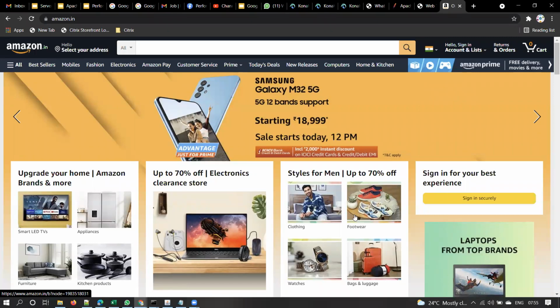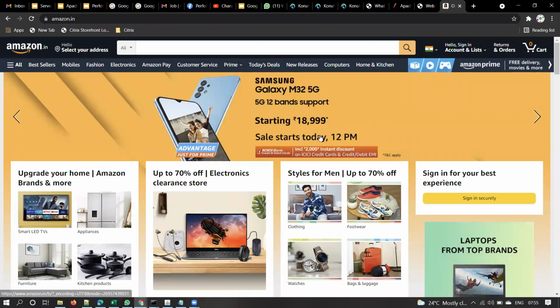What is the purpose of storing them? Why will it store them, or why will it remember them? Anyone? For fast performance. Yes, fast performance. Why does it store all those images in the browser cache?